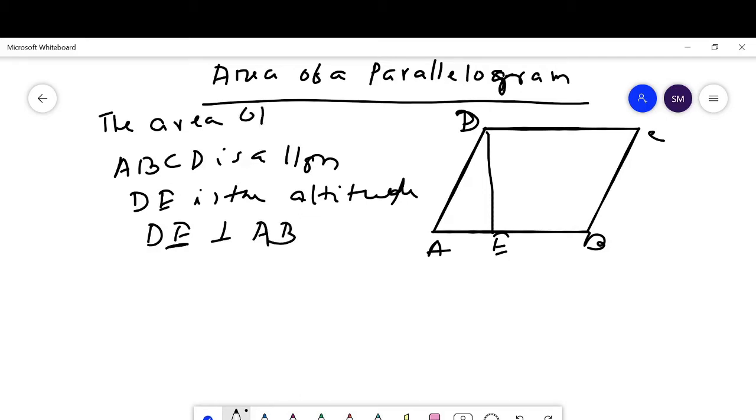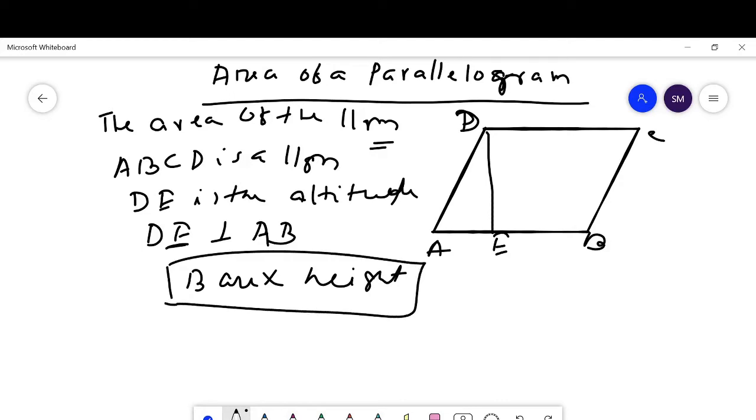Then the area of the parallelogram is base into height. Here the area of parallelogram ABCD is AB into DE.